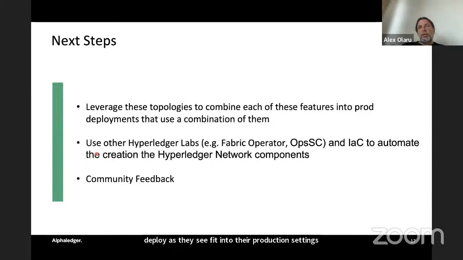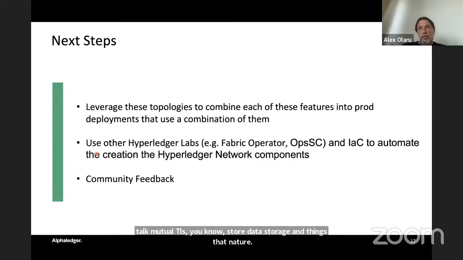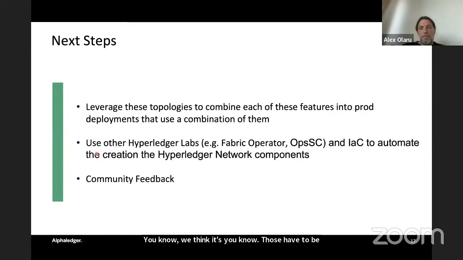But it's important in our view to look at some of these features that Fabric comes with, like mutual TLS and data storage. Those have to be understood well in order to leverage Fabric at its full capacity.